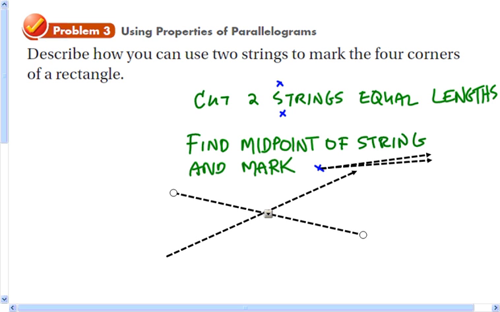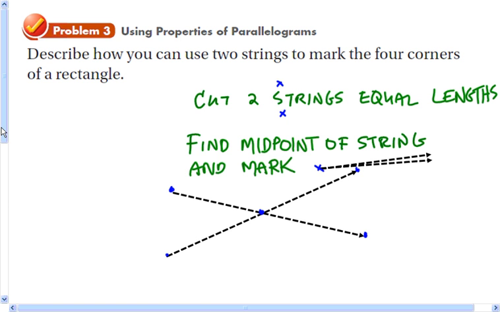Wherever the strings are marked, we make sure they're crossing right there and intersecting at the midpoint. Then I mark on the ground those 4 corners, and when I connect those lines, I'll have a rectangle.